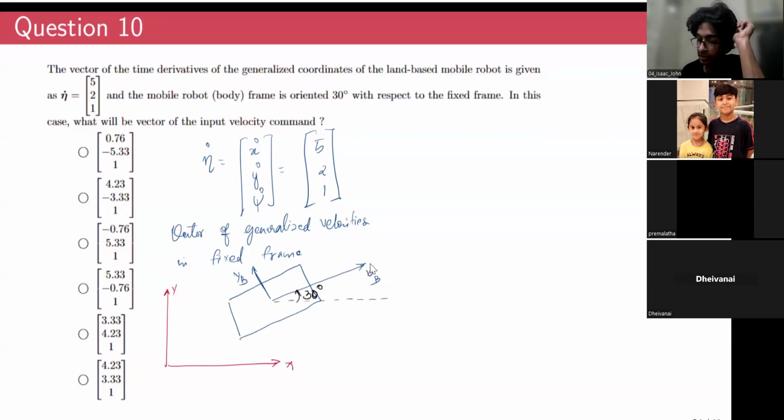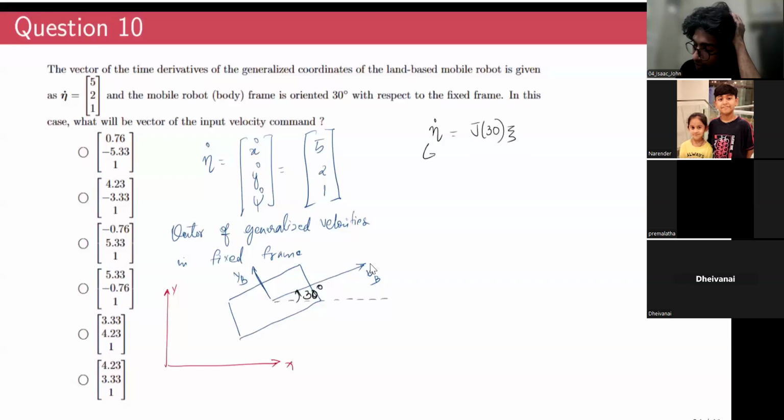So in this case, what will be the vector of input velocity command? We know the relation for that, the forward inverse mapping. We know that eta dot is J of psi, or J of theta, or probably I'll just write it as J of 30 times zeta.